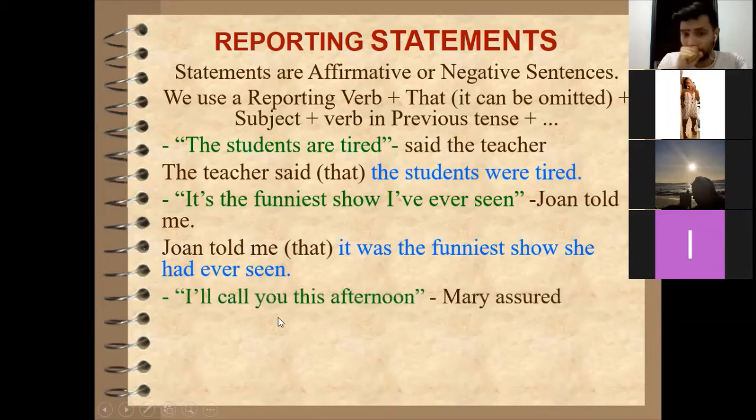Another example. "I'll call you this afternoon," Mary assured. Assured means asegurar, and is also another reporting verb. Ahora, así como tenemos reporting statements y los grupos de los cuales estaba hablando, también tenemos verbos que nos ayudan a reportar.